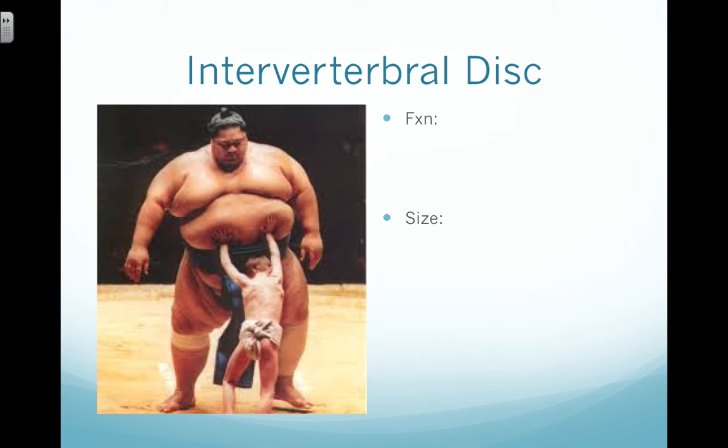The greater the ratio between the disc and the vertebral body leads to greater mobility. So the cervical spine needs a lot of mobility, and so it has the greatest ratio of disc to vertebral height. And then it's actually the smallest in the thoracic spine, which we understand has a lot of stability, especially due to the rib attachments.